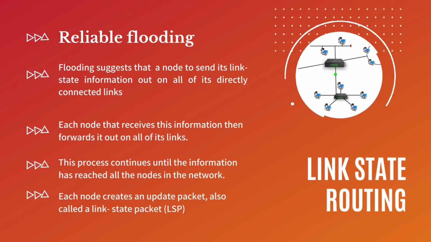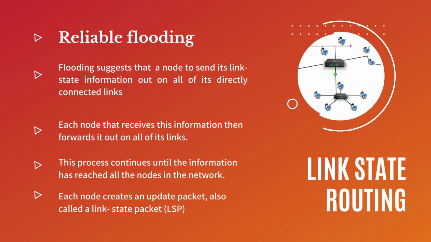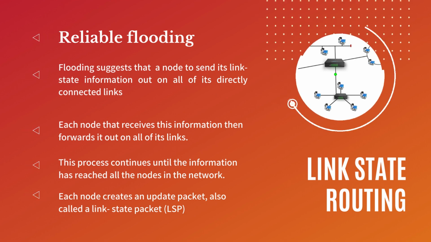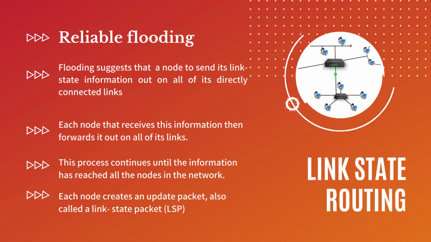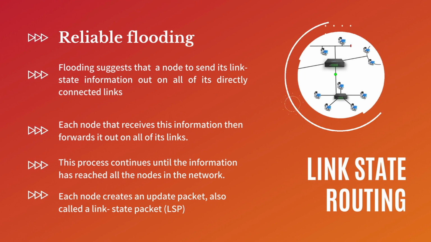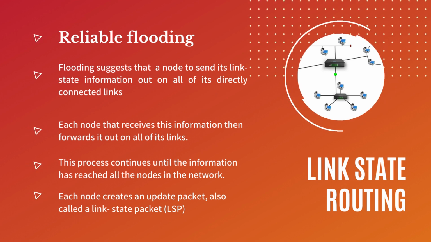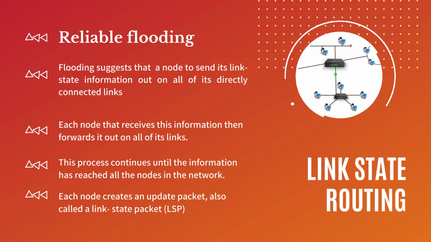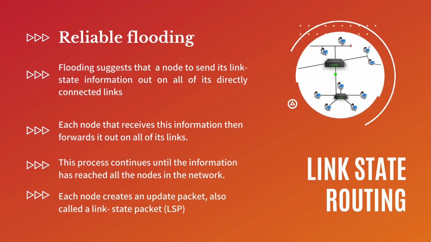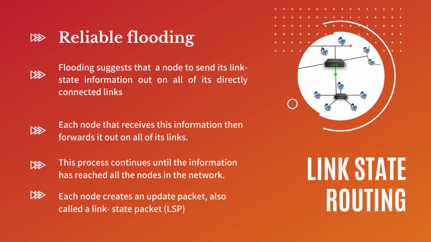Each node will create an update packet about the link state information that it gathers, and this newly updated link state packet will also be sent to all of its directly connected neighbors. That is the reason why we call this mechanism reliable flooding, where we have the updated link state packet information in every node in the network.